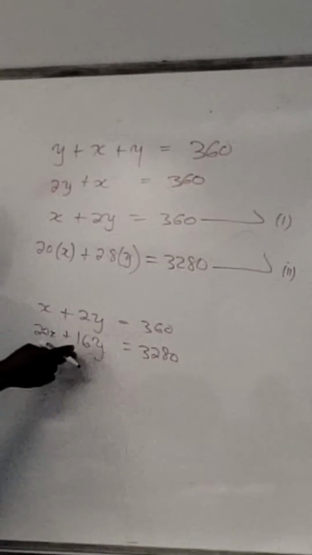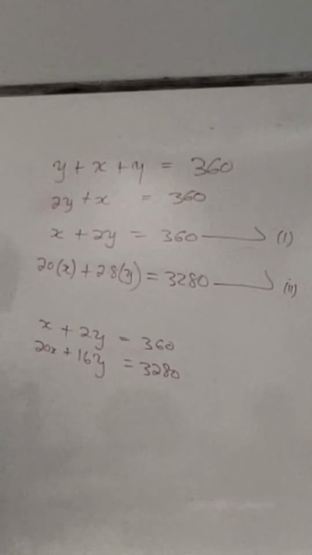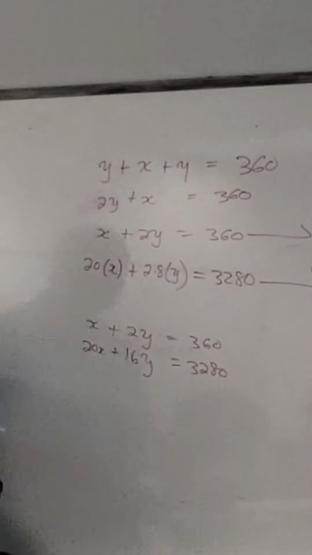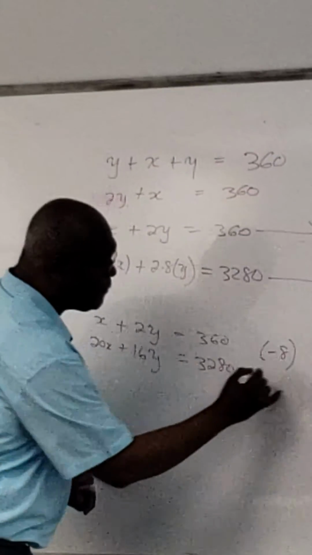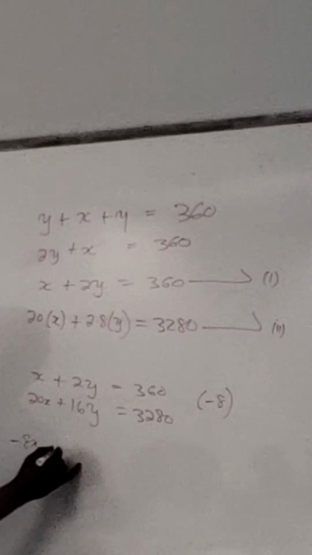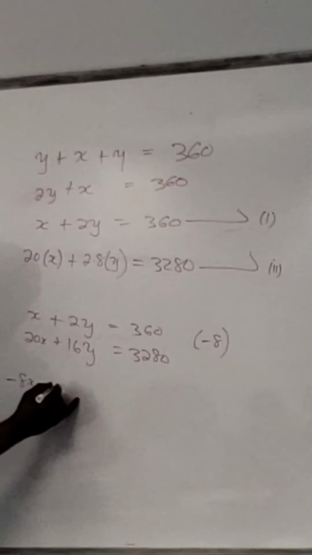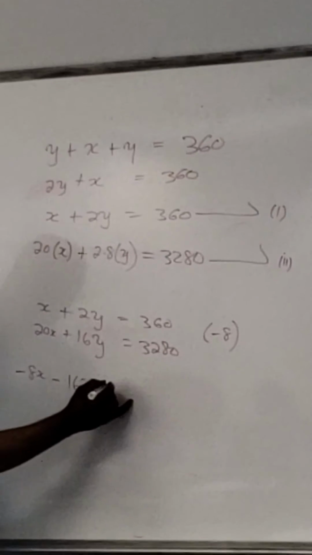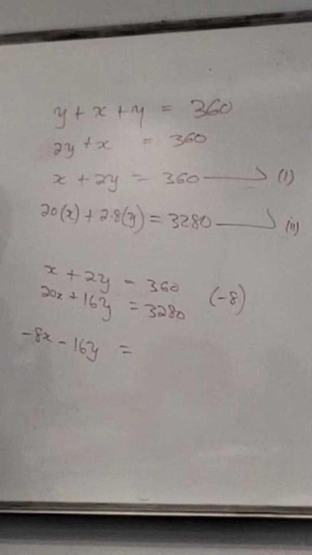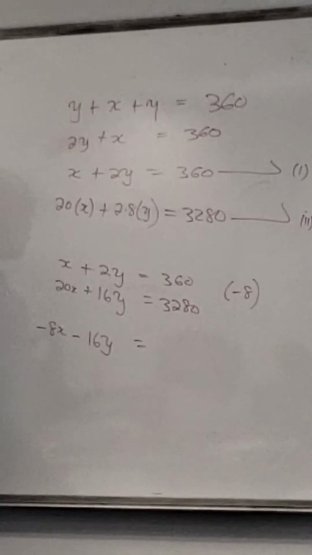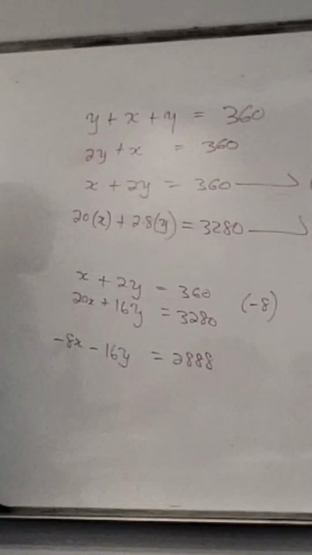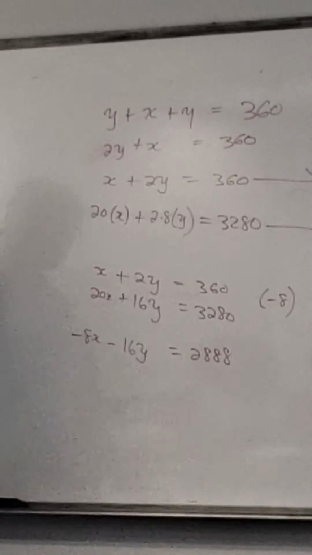So if you have to solve this, what do I need to multiply the top equation by? -8. -8 would be the easiest thing. So if I multiply this by -8, I would have -8x minus 16y. Use your calculator, -8 times 360 is -2,880.